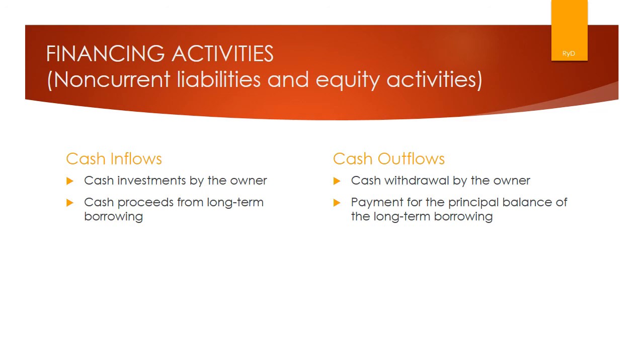So, 5 years thereafter, nibayad si owner sa 5 million nga giloan niya. So, ang 5 million ni class mao na siya ang principal balance sa long-term nga borrowing. So, mao ni siya class, no, ang usual nga list under our financing activities.